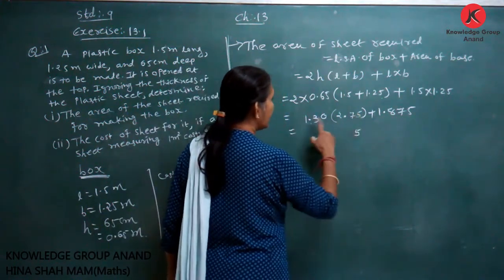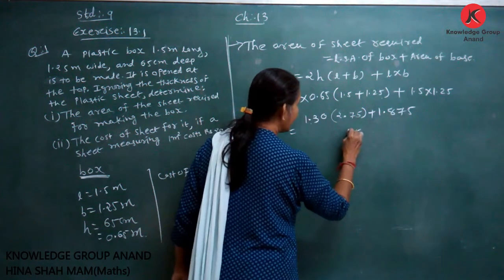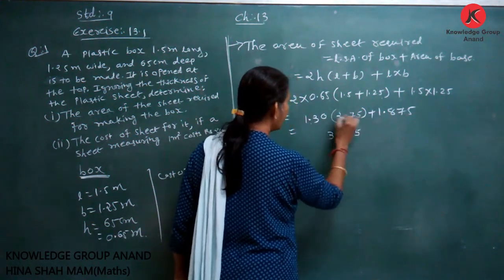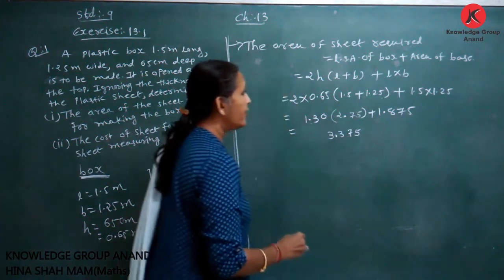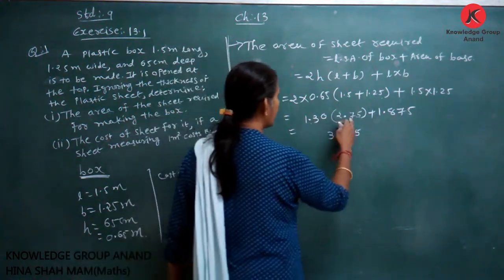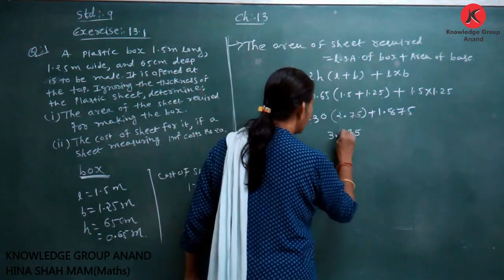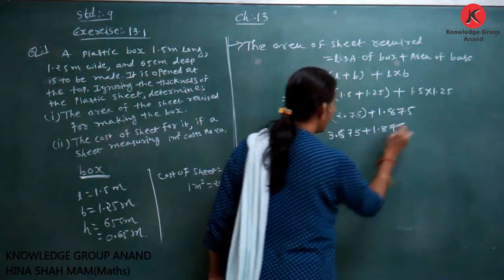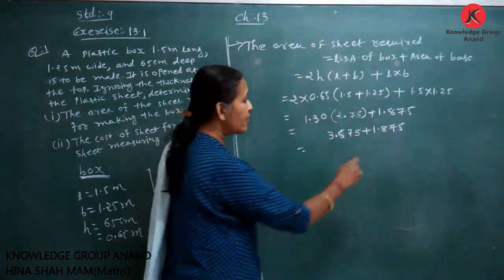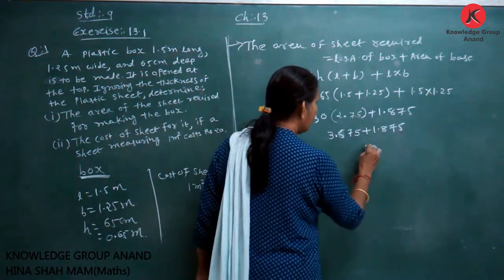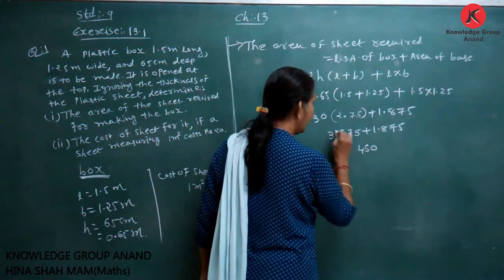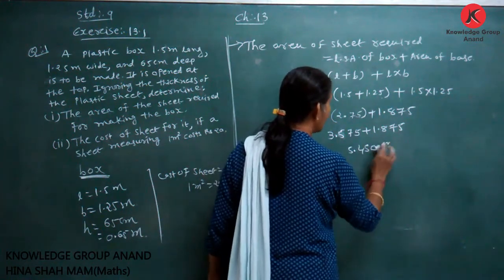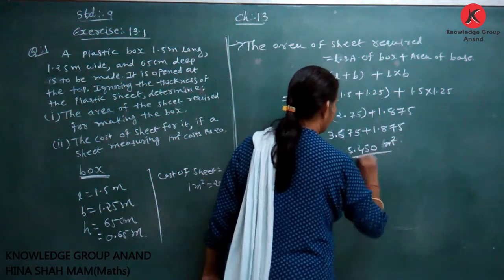Calculating: 3.575 plus 1.875 is equal to 5.450 meter square.